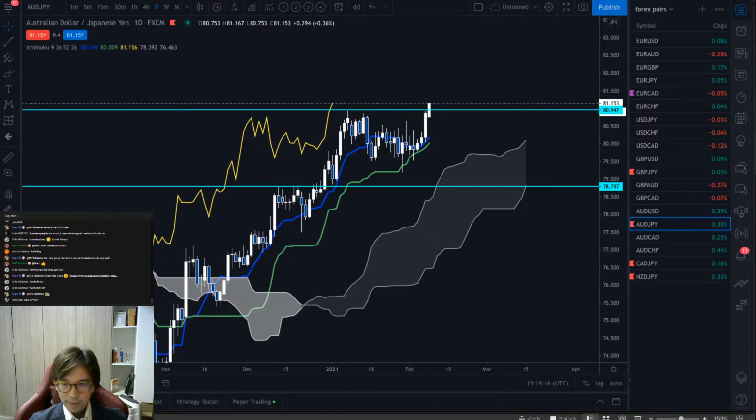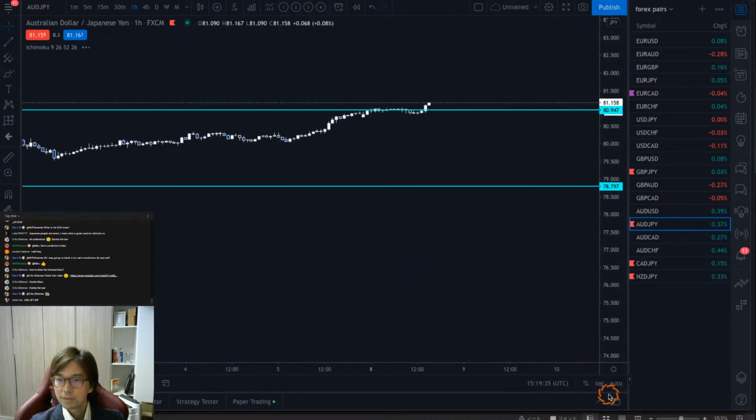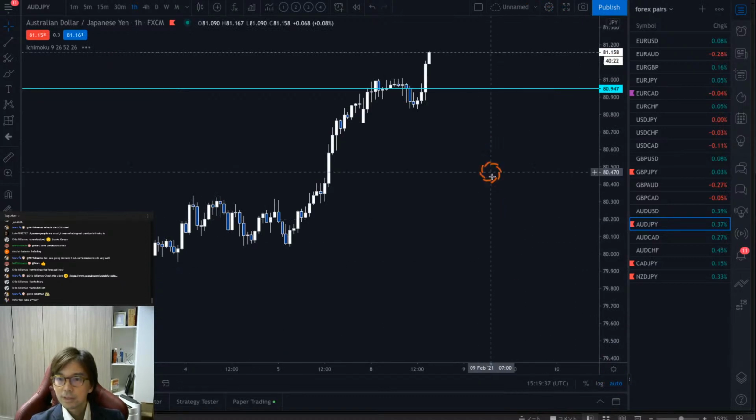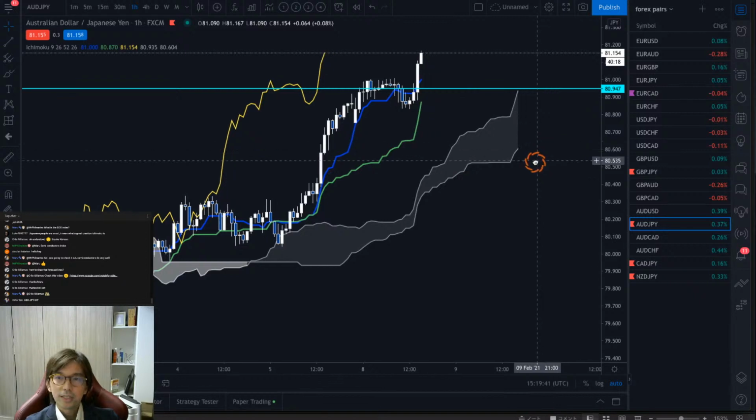Okay, so let's see. Hold on, let's look at the 1 hour chart on AUD-JPY. Okay, so this one is a nice uptrend also.